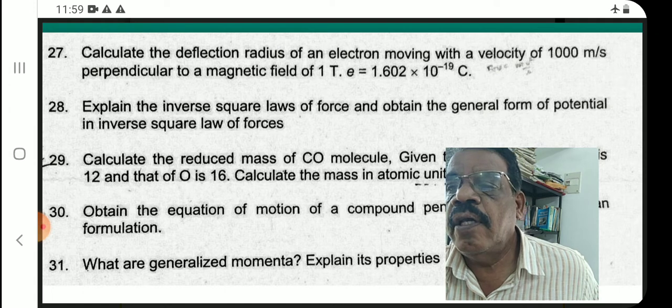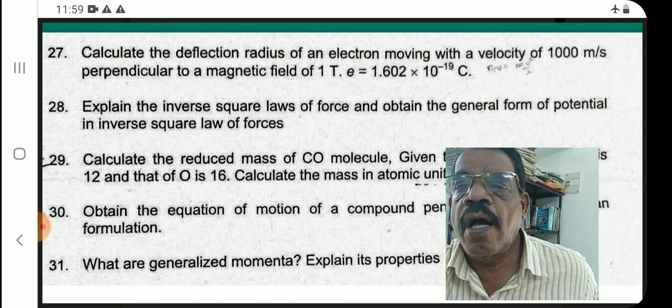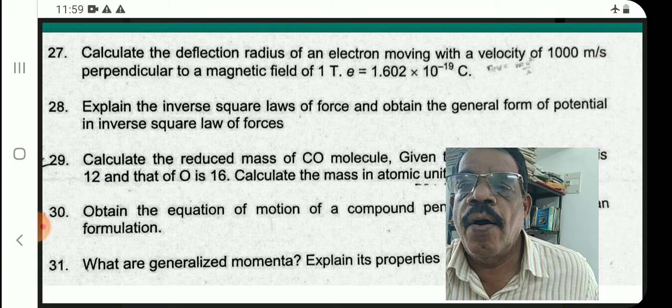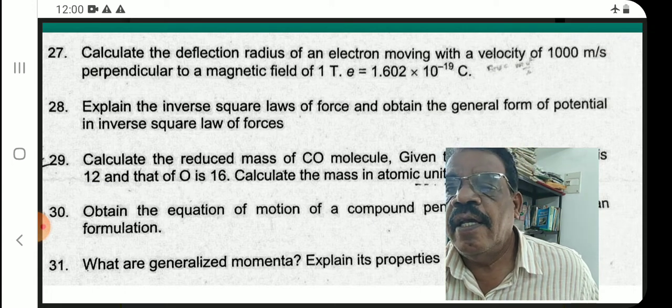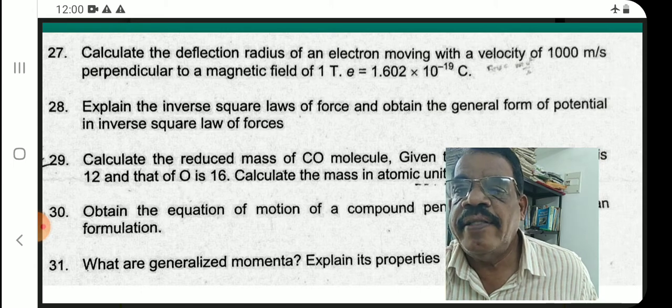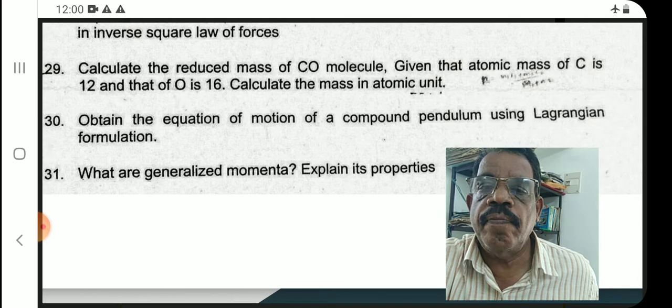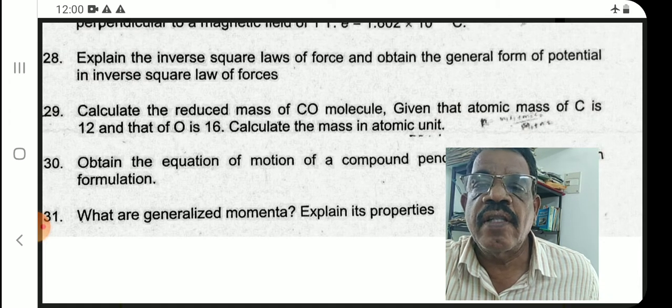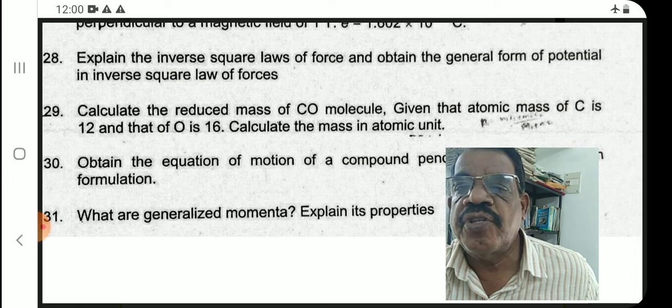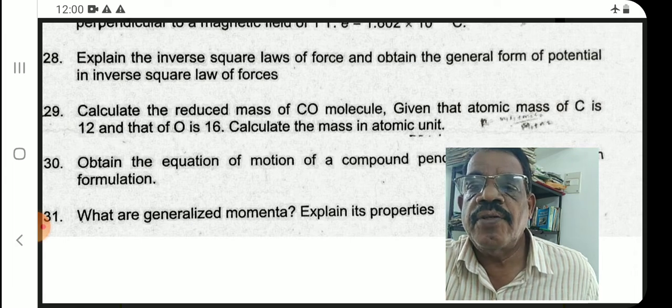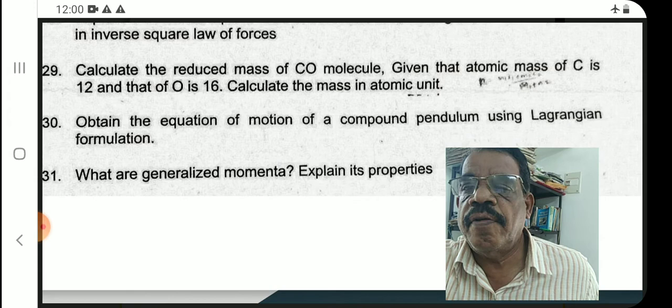Number 28, explain the inverse square law of force and obtain the general form of potential in inverse square law forces. Number 29, calculate the reduced mass of CO molecule, given that the atomic mass of C is 12 and of O is 16. Calculate the mass in atomic unit.